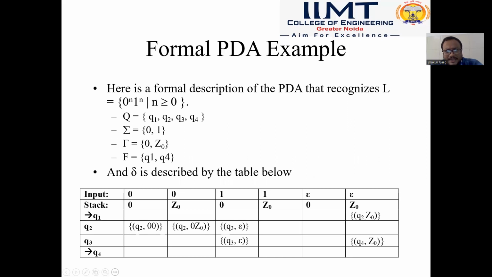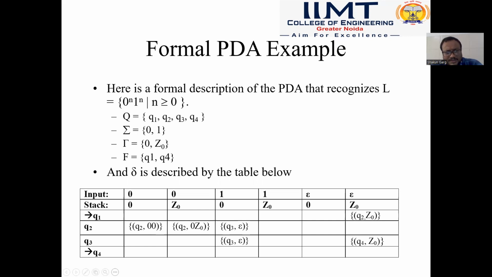Formal PDA example. Here is a formal description of a PDA that recognizes the language 0 to the power n and 1 to the power n, where small n is greater than or equal to 0. Here, what are the different states? Q1, Q2, Q3, Q4, sigma is 0, 1, gamma is 0, Z0, and capital F equals Q1. So this is the tabular representation of a PDA.